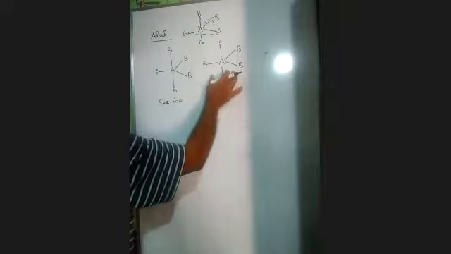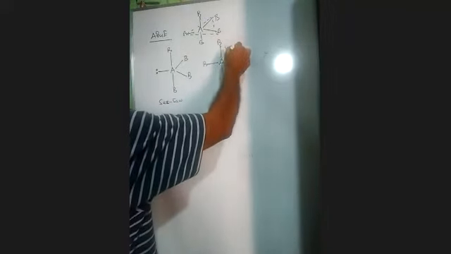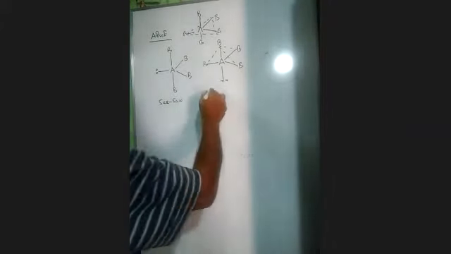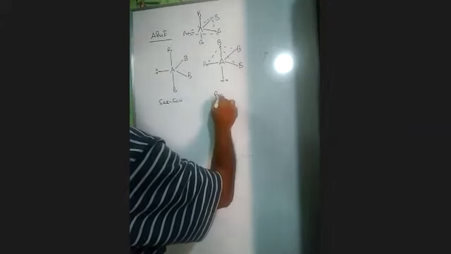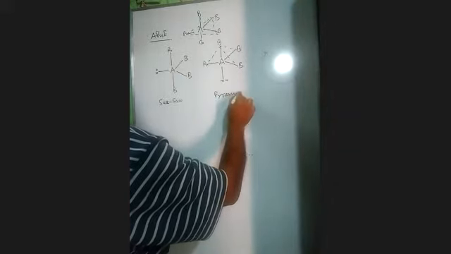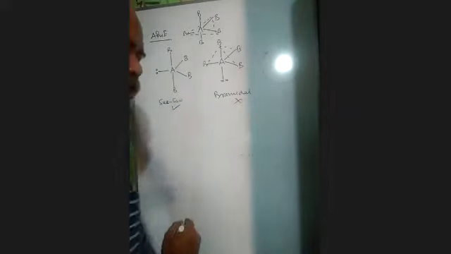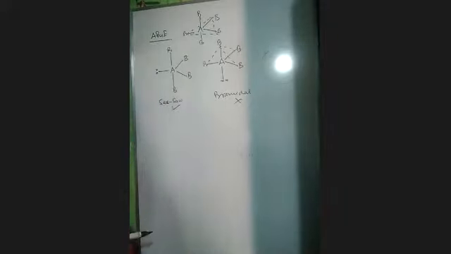And when I remove this one, see how does it look like? Does it look like a pyramid? Then it should be pyramidal. Then why did you take this? Why not this? We could have taken this one also.